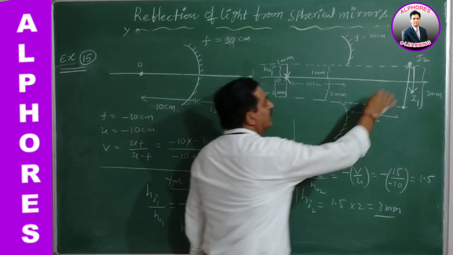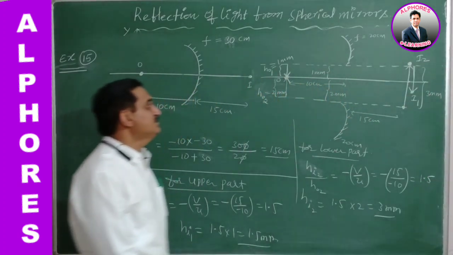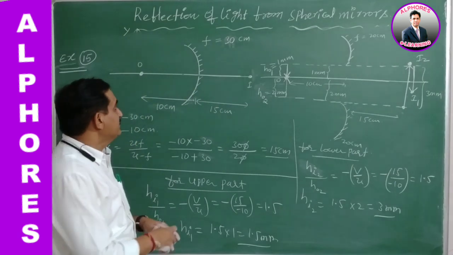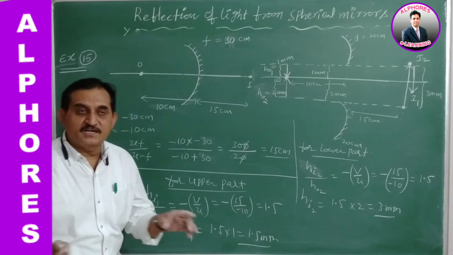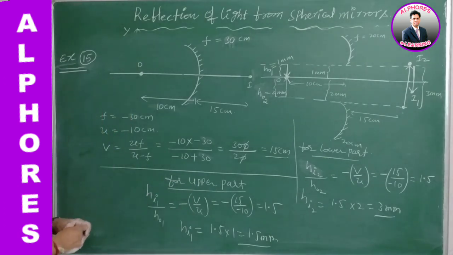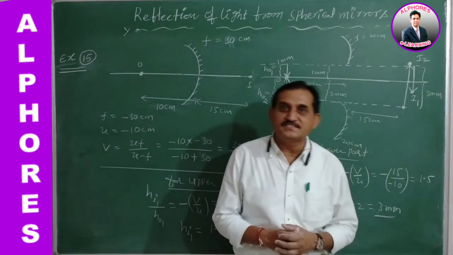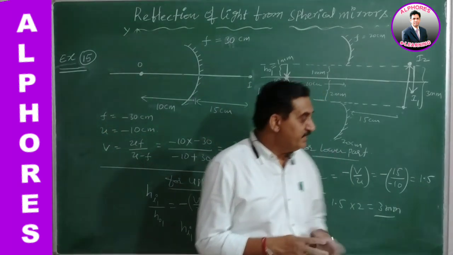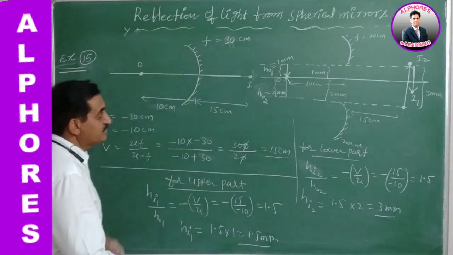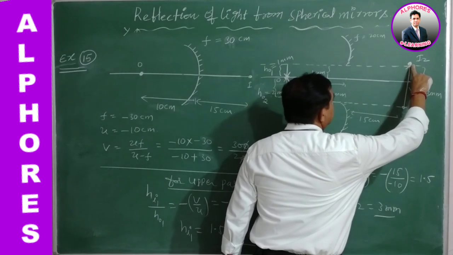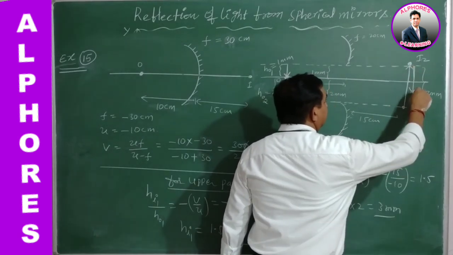This is I2. Now the question is, what is the distance between the two images formed by these two parts, when a concave mirror is cut into two equal parts along the principal axis and the object is kept at a distance of 10 centimeters from it? So finally, I1 and I2: what is the distance between these two? See here, very clear.